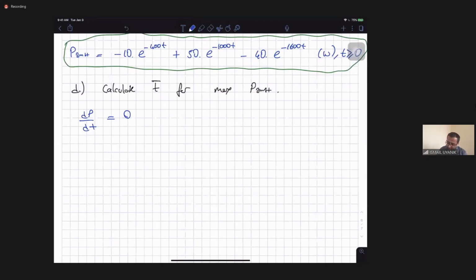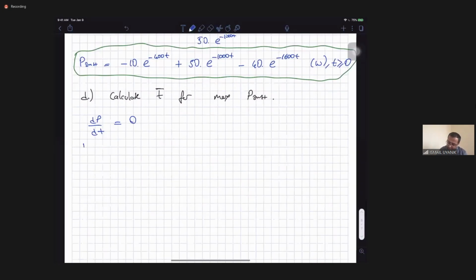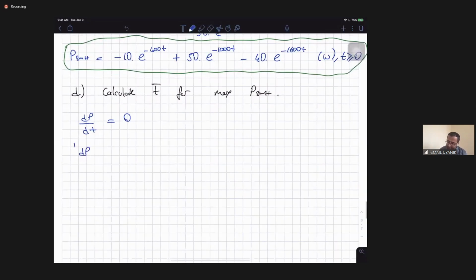So dp over dt is, now let's take the derivative. So that will be plus 4,000, I believe, right?